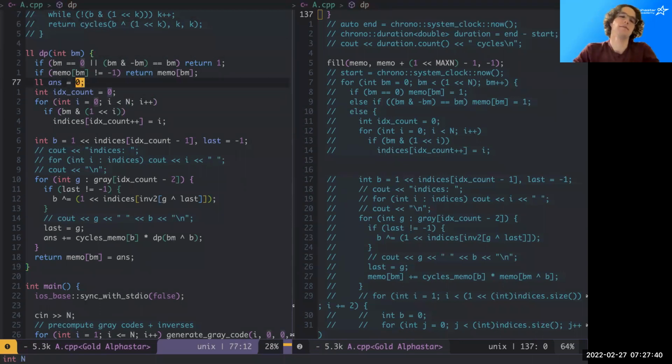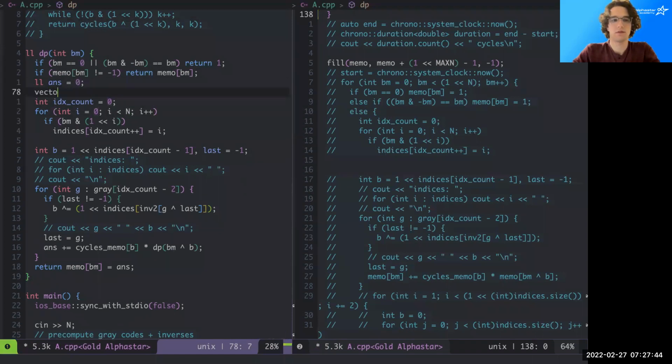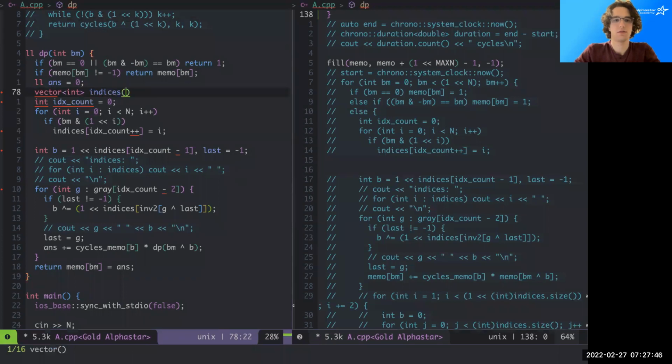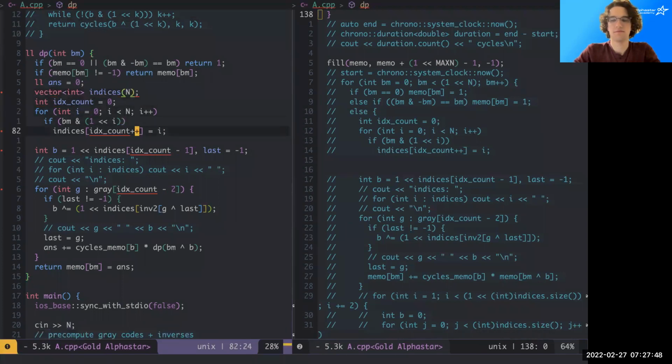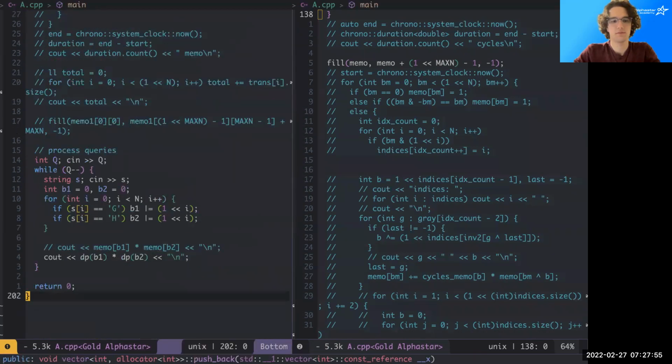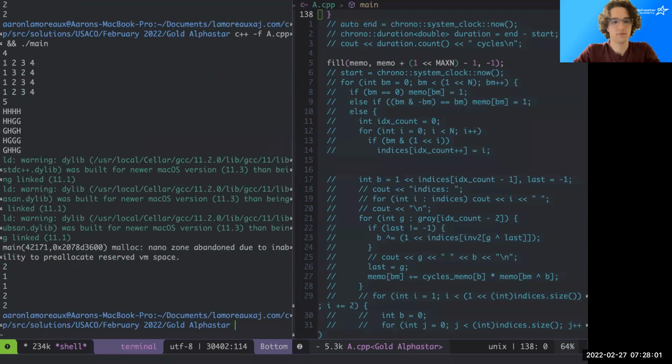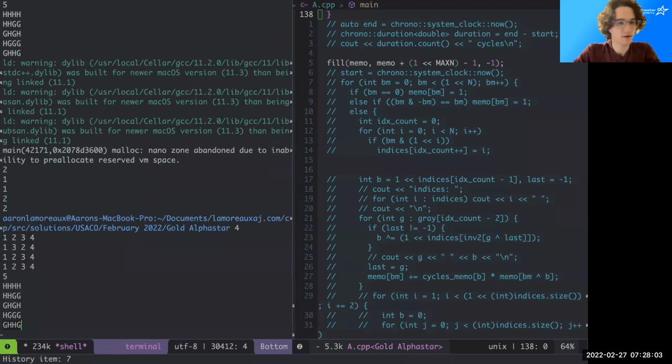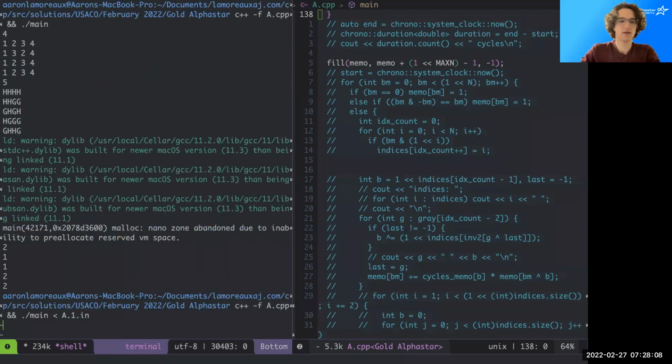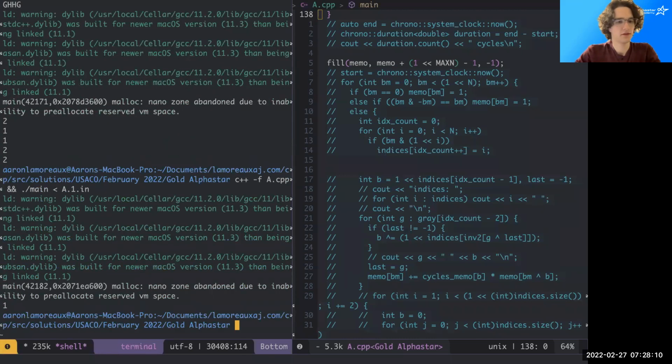Oh, yeah. Maybe it uses the vector. Of course, now if I run on the big test case, it probably runs faster because less of them will get queried.